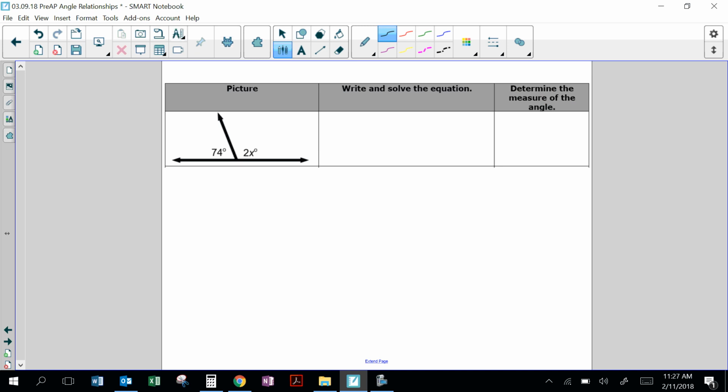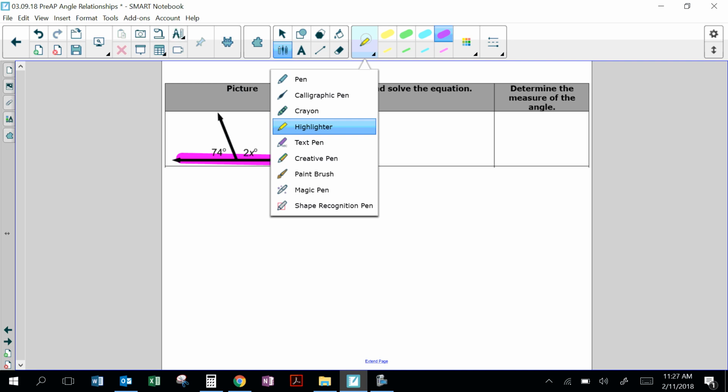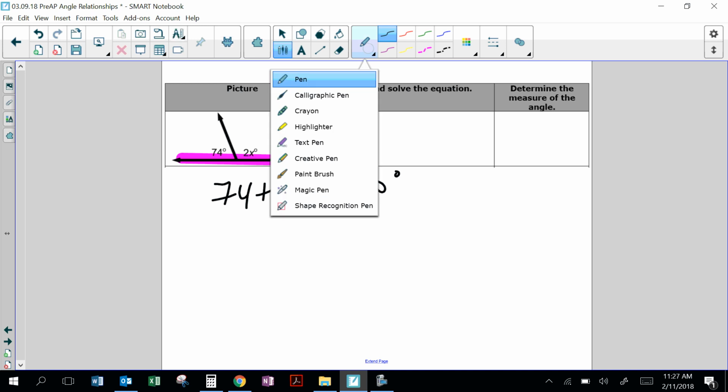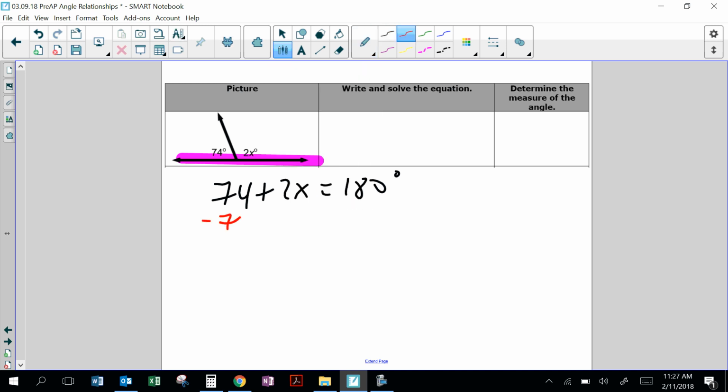Next one. What type of angle is this? This is a straight line. So what does a straight line add up to? It adds up to 180 degrees. So let's solve this two-step equation. I want to isolate x. How am I going to isolate x? I subtract 74 from both sides. This cancels. So 2x equals, can 4 take away from 0? Nope. Regroup.